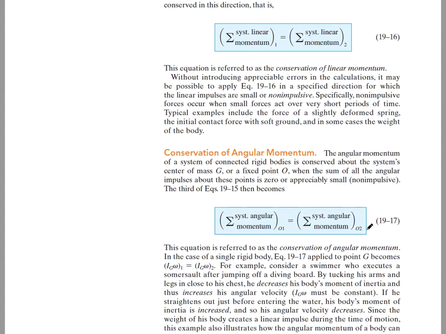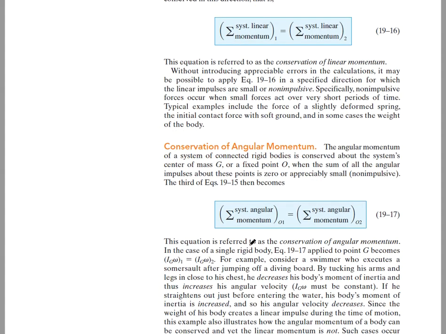For angular momentum, we can write a similar type of equation. So evaluate I about the center of mass or a fixed point O. So we have the sum of angular momenta about O at instant 1 equal to the sum of angular momenta at instant 2. So either the linear or the angular momenta can be conserved.